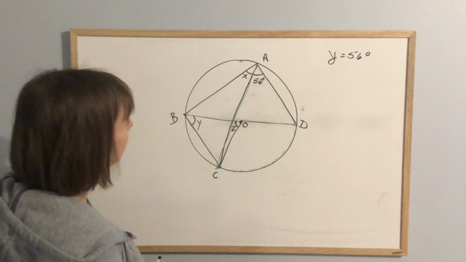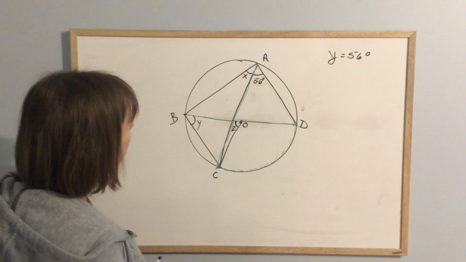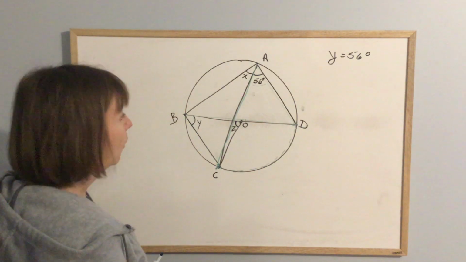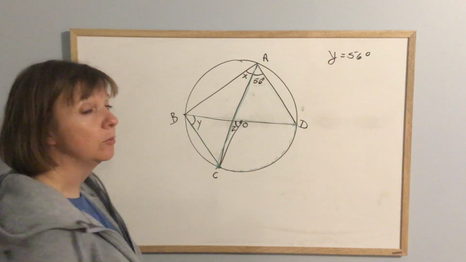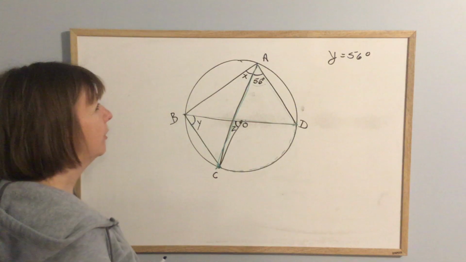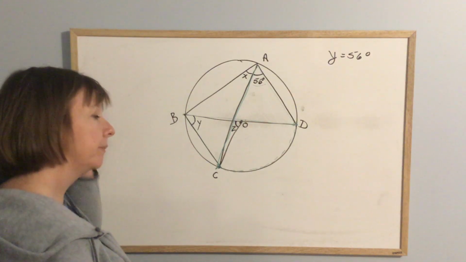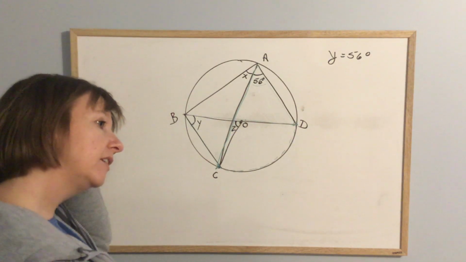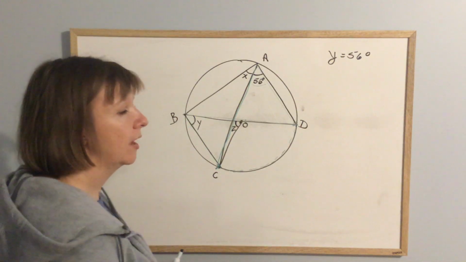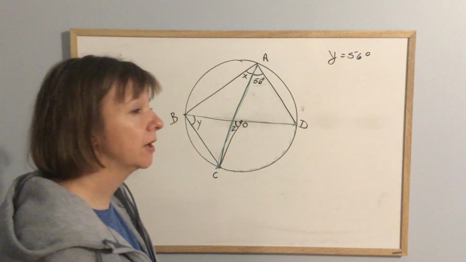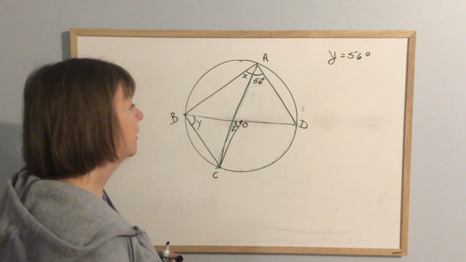Then what can I see now? Well, oh, I see one. I can figure out X, and here's how. Remember I said that a central angle is 2 times bigger than the inscribed angle.